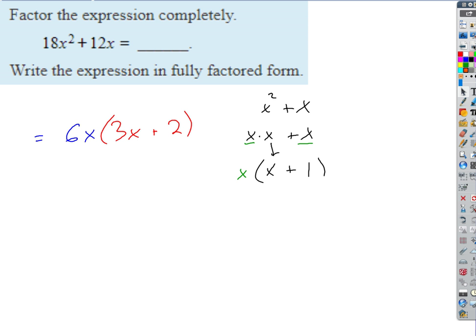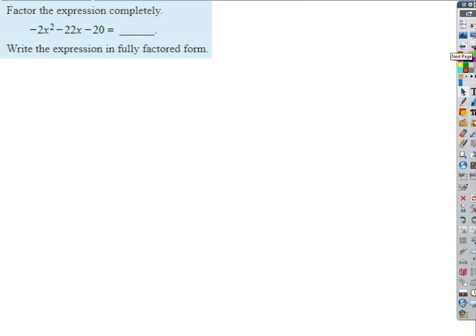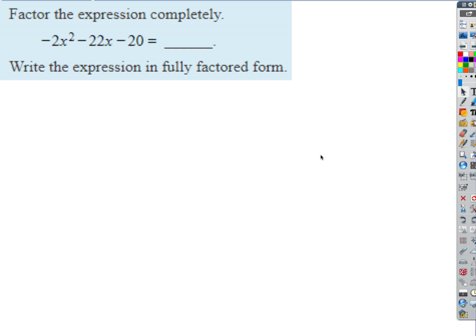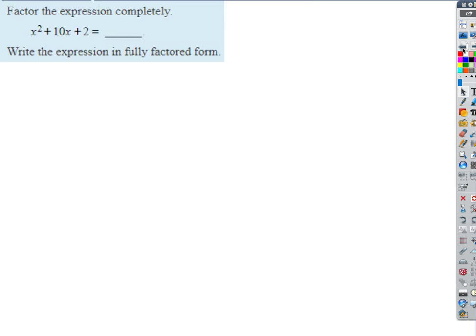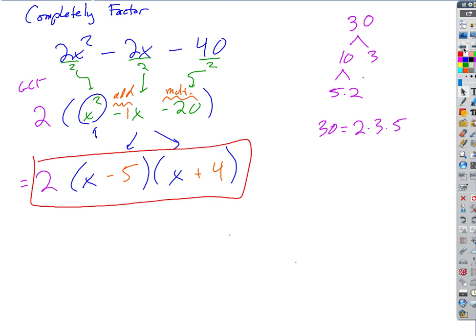How about something like that? So think back to the example we did just a second ago. What did we try to do first on this one?